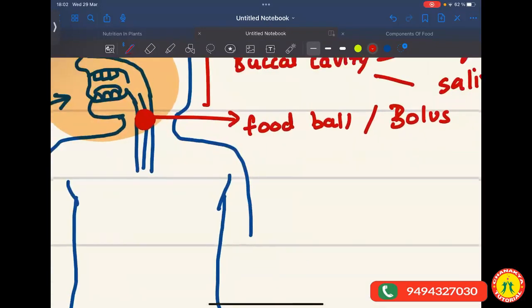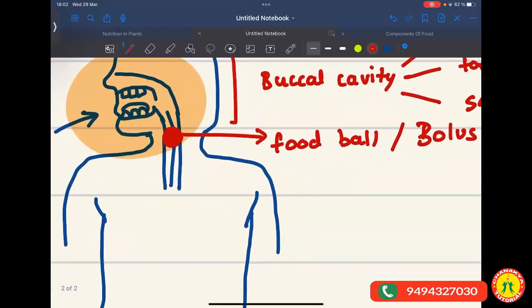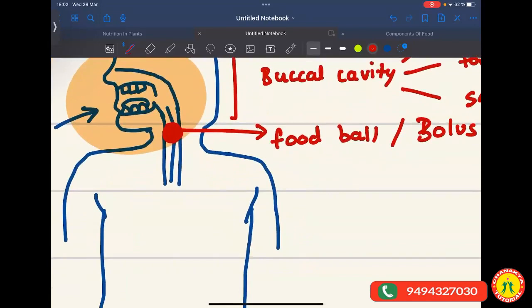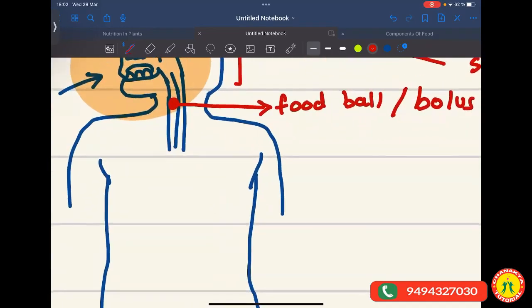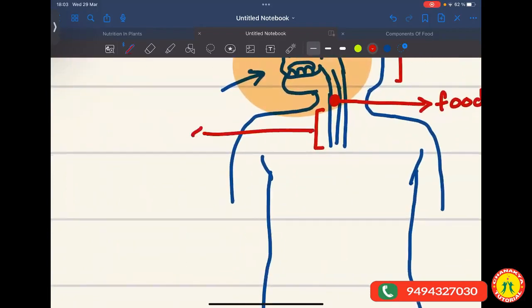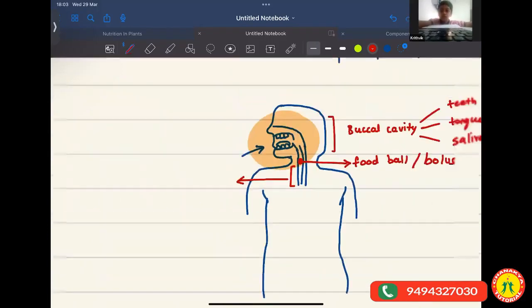Once it enters your food pipe, this food pipe, I think I drew it too big. This pipe where the food enters is called, anybody knows the name? Trachea is for air.